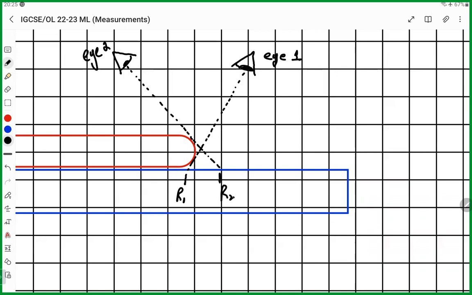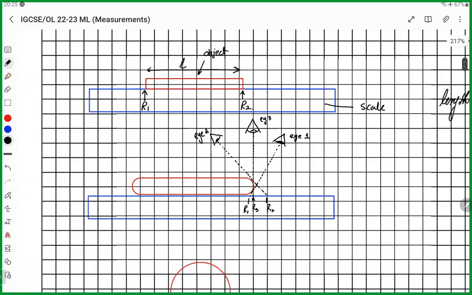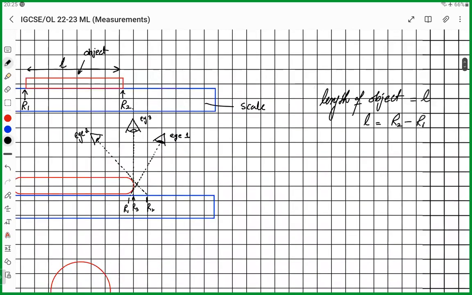This will be reading number two. And if your eye is here, I3, then you will see this as reading number three. Which reading and which eye position is the correct one? I3 and reading number 3.